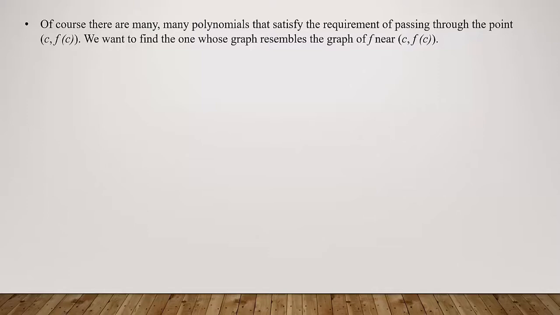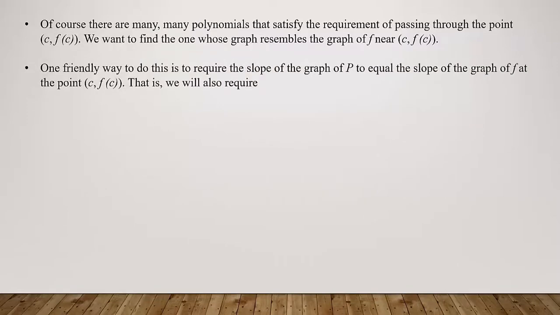Well, we want to find that polynomial whose graph resembles the graph of f near (C, f(C)). So we want it to look similar to the graph. And one friendly way to do this is simply to require the slope of the graph of P to equal the slope of the graph of f at the point (C, f(C)).